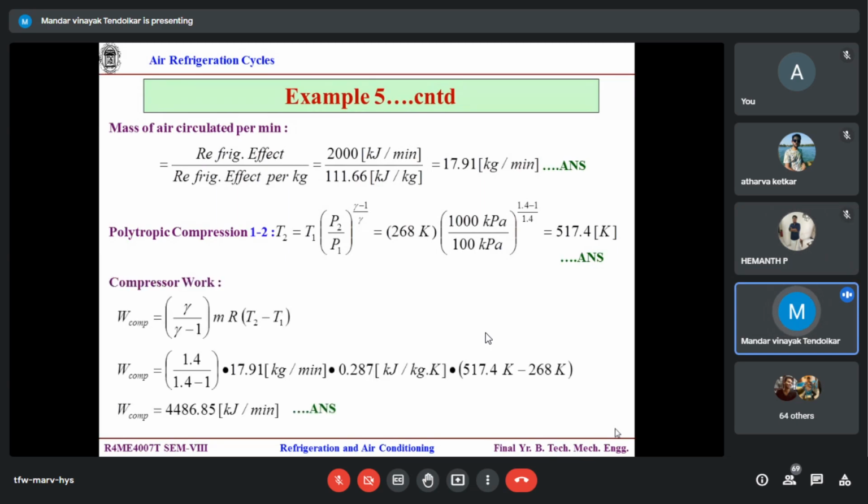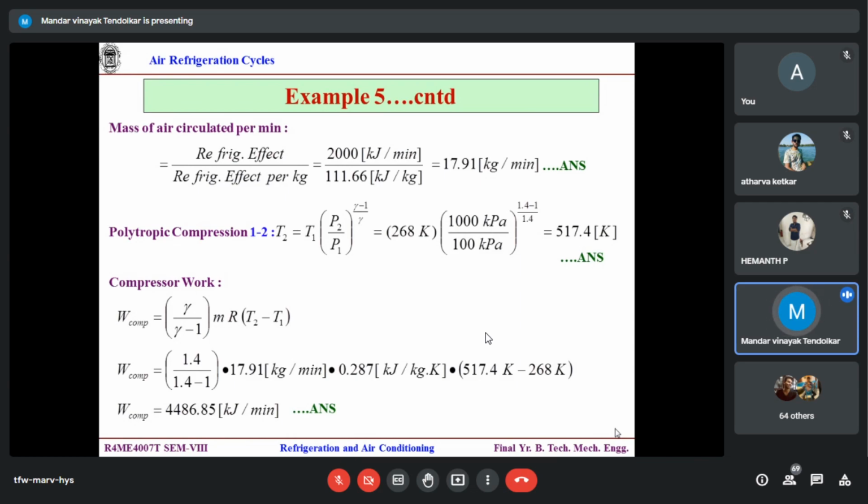Okay, so T2 is also calculated. Then the compressor work. Instead of Cp, I'm using gamma upon gamma minus 1 into R. Otherwise, you use Cp. Why would it change? Someone use just Cp and calculate the answer.